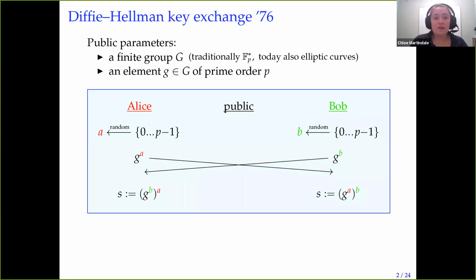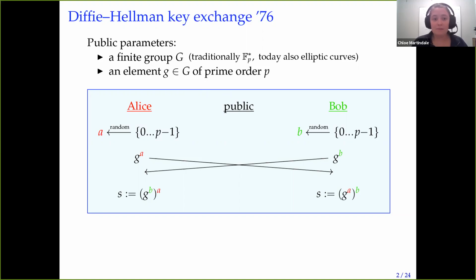Okay, so how does this work? Well, Alice wants to share a value with Bob, right? So they're going to compute a shared secret, which is going to be called S. And they're going to compute this in a way that they both know what it is, but the idea is that they can exchange information over an insecure network without anybody else being able to compute this shared value. So what do they both do?